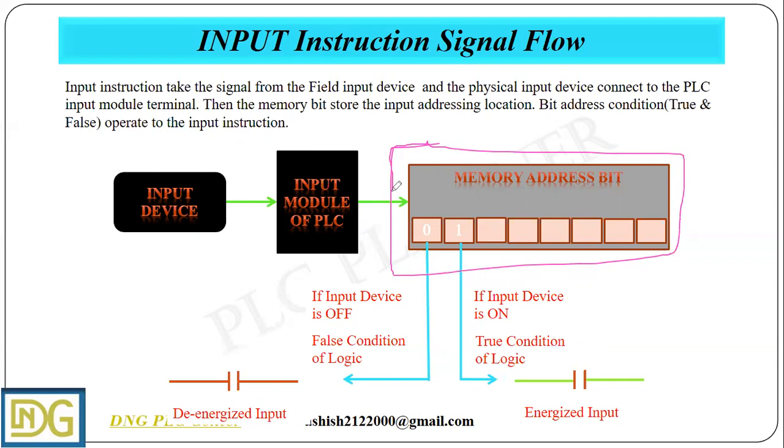When we looked at the Allen Bradley 1400 PLC, I told you that on the upper side we have input terminals and on the lower side we have output terminals. So this section is our input terminal.